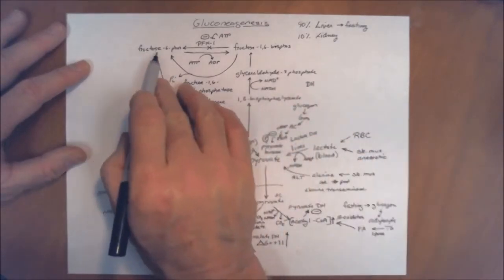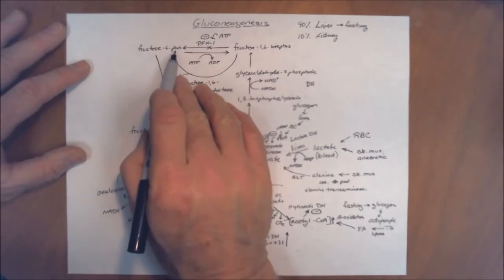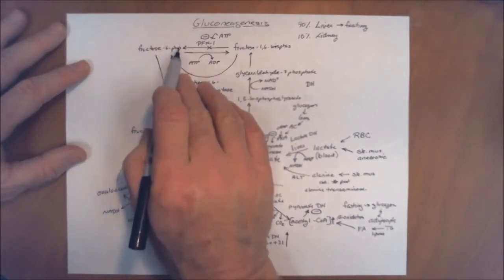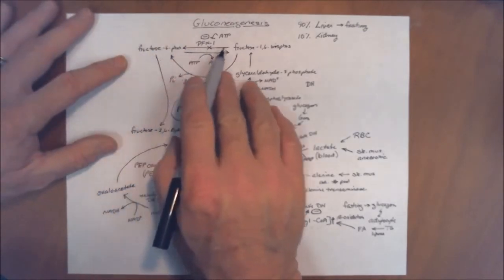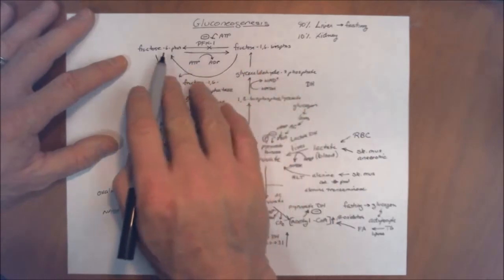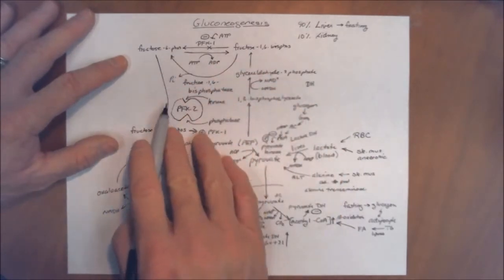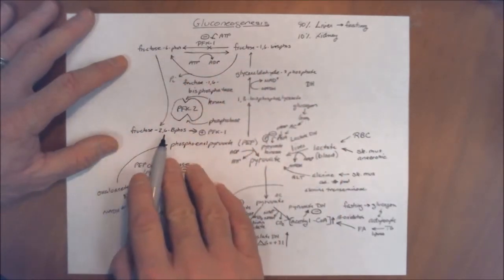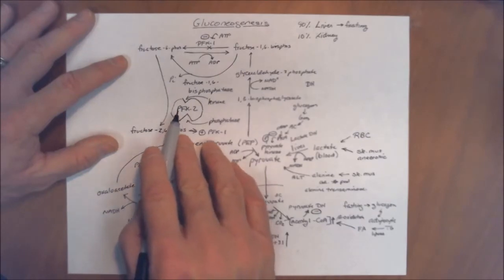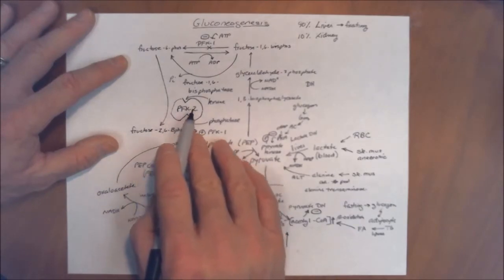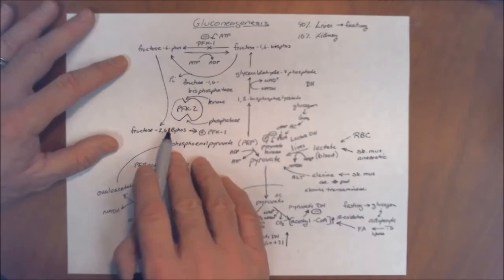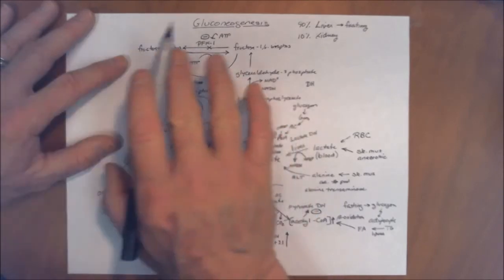So when there's plenty of substrate in glycolysis in the fed state, we have plenty of fructose 6-phosphate. We want glycolysis to be running forward. So we are going to take a little bit of this, make fructose 2,6-bisphosphate with PFK2 kinase activity, and then this is an activator to keep glycolysis flowing.